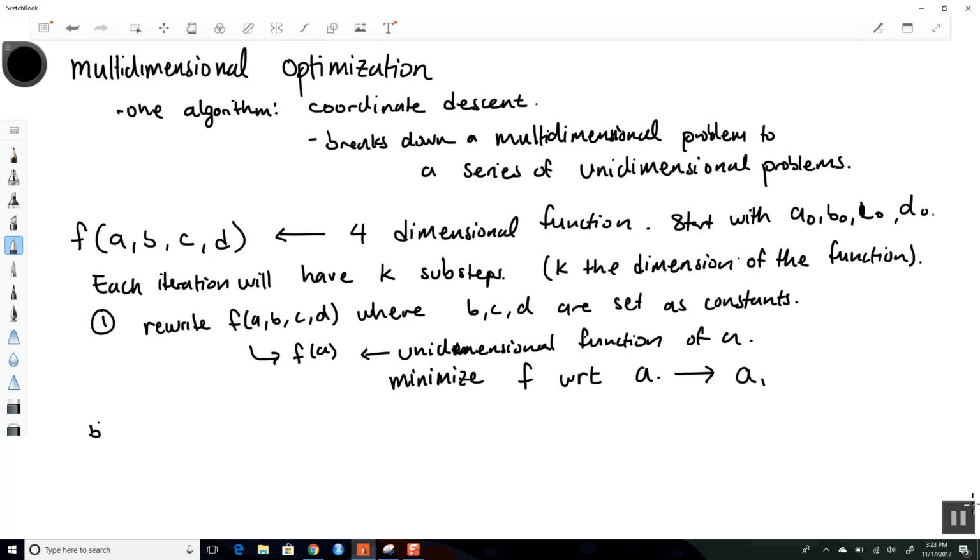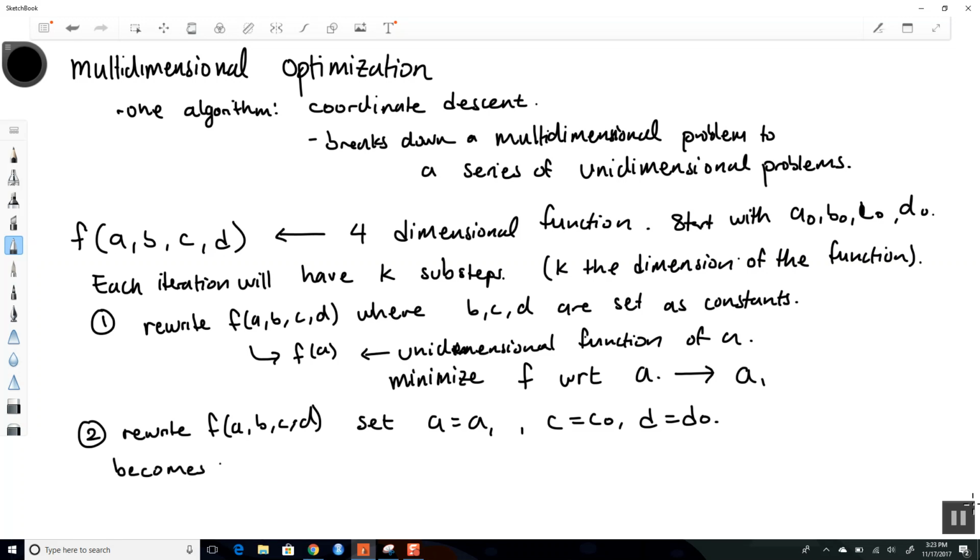Now that you have that, in the second step, now rewrite f of A, B, C, D. Set A equal to A1, and C will be C0, and D will be set to D0, and so this becomes a function of B. Okay, unidimensional function, optimize it, minimize with respect to B, and that will become B1.